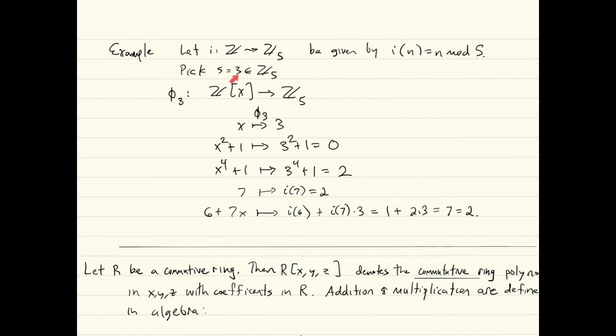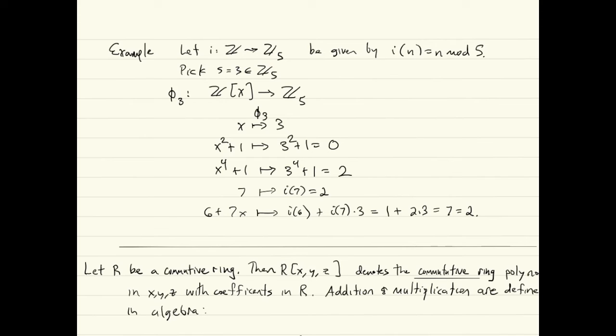So we're picking a number in this target ring. 0, 1, 2, 3, 4 are our choices. I'm just going ahead and picking 3. And so then this phi sub 3 is the homomorphism from the ring of polynomials with integer coefficients to Z5, and it has to send x to 3. That's just what I chose as a specific example. I can choose other ring homomorphisms that send x to 4 or any other number in Z5.